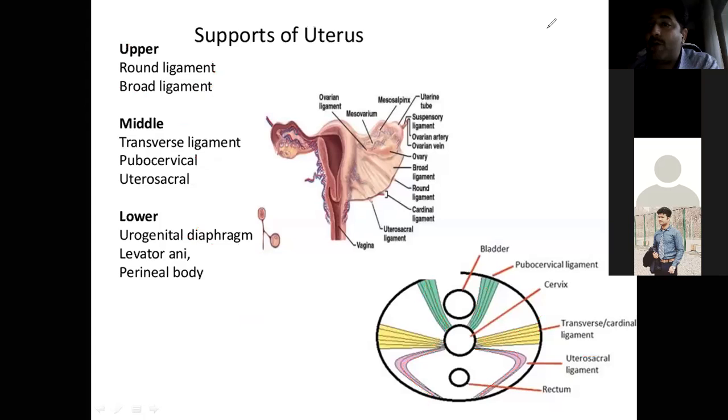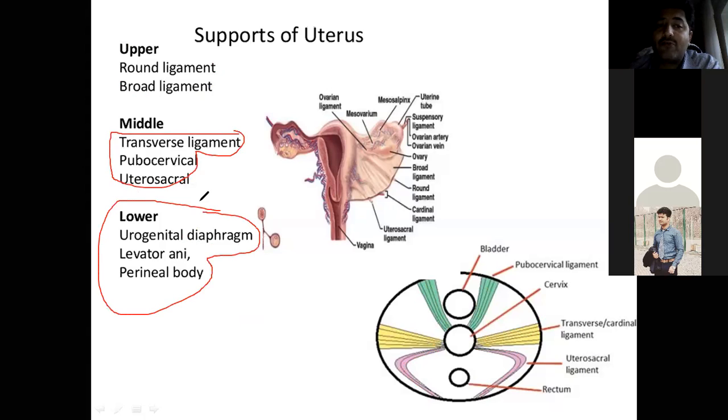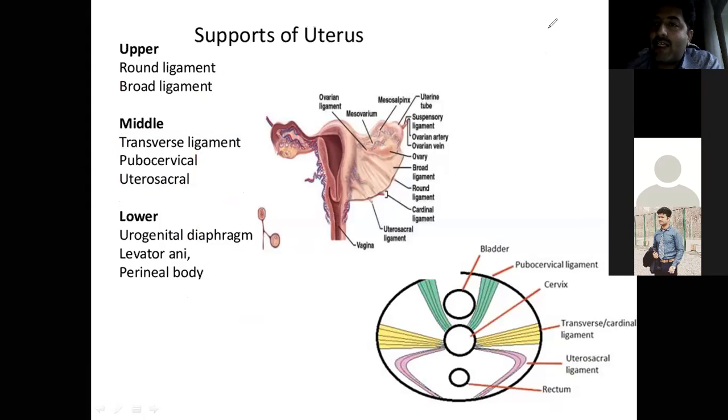Whenever prolapse occurs, it is due to damage to these structures. When these structures are damaged, then the uterus can prolapse. Even the vagina can prolapse, resulting in uterine prolapse or vaginal prolapse.